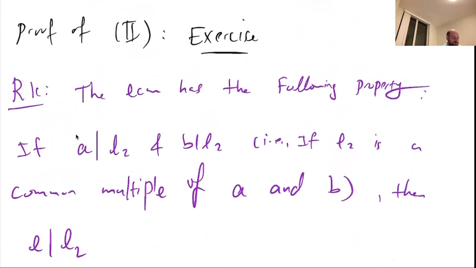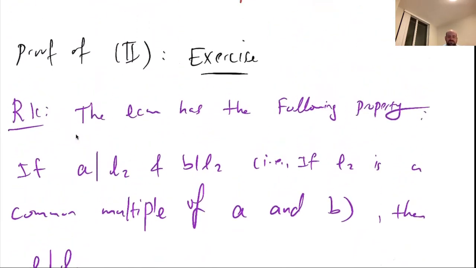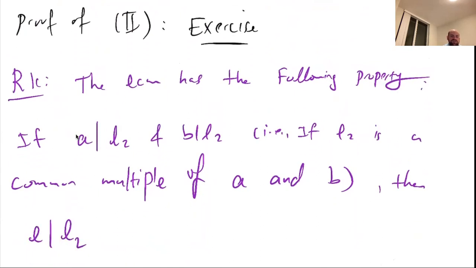Again, if you write the proof as an exercise, you'll see that as a part of the proof, you can show that L is a factor of L2. Not only is it less than or equal to L2, but it's also a factor of L2.